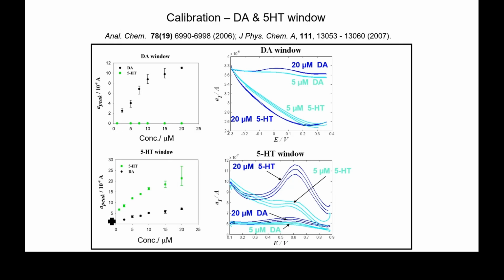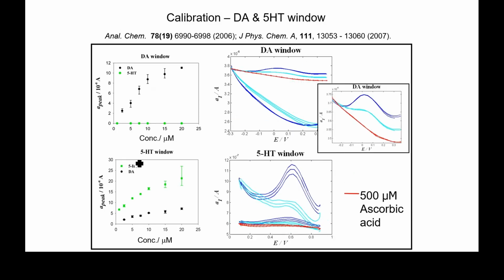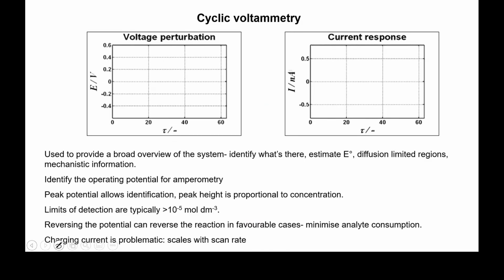In the serotonin window, the 5-HT window, we got a small response to dopamine, so not perfect, but a much higher response to serotonin, again in the concentration range that we were interested in. But best of all, we got no signal from ascorbic acid, despite it being present at 2 orders of magnitude higher concentration. We saw no peak for it at all by outrunning it. So that's another approach to selectivity.